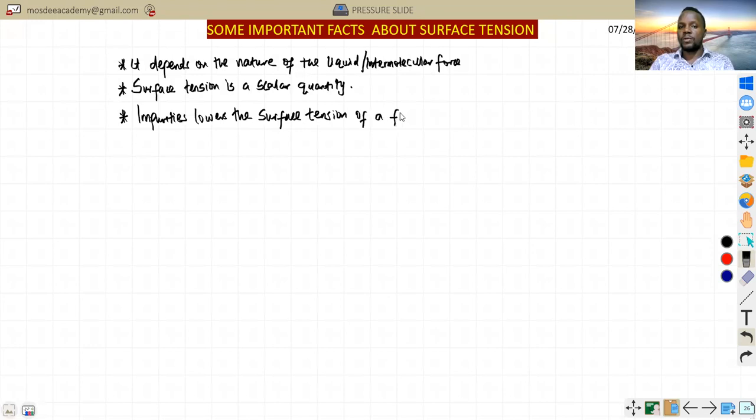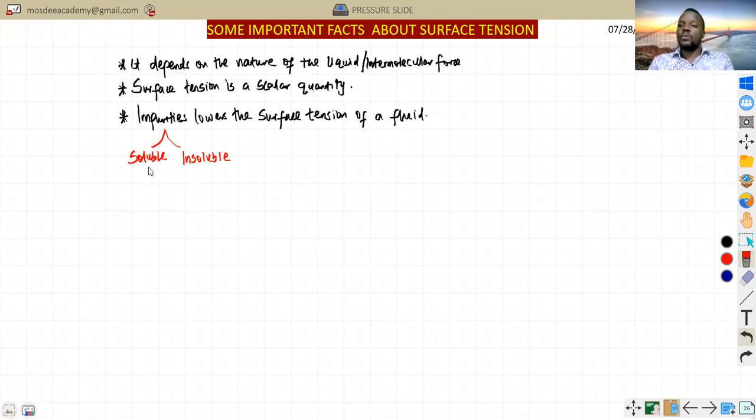Now, about impurity, we can also talk extensively on this. Impurity can be in two forms. You understand what I mean by that? There are some impurities that are soluble, and there are some impurities that are insoluble. From your knowledge of chemistry, when we talk about soluble impurities, what happens?